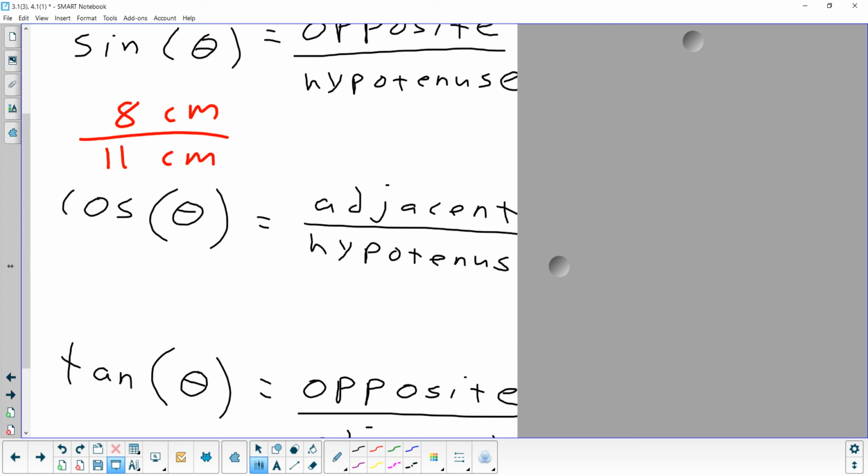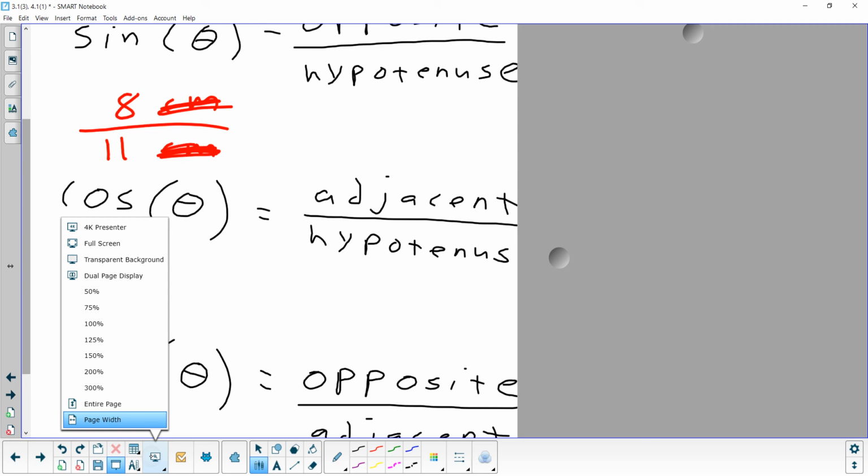Centimeters. So all you're left with is a pure number that has no label. Just to be clear, when you do regular sine, cosine, or tangent, not inverse, that's different, the result is just a number without a label. The label cancels out.